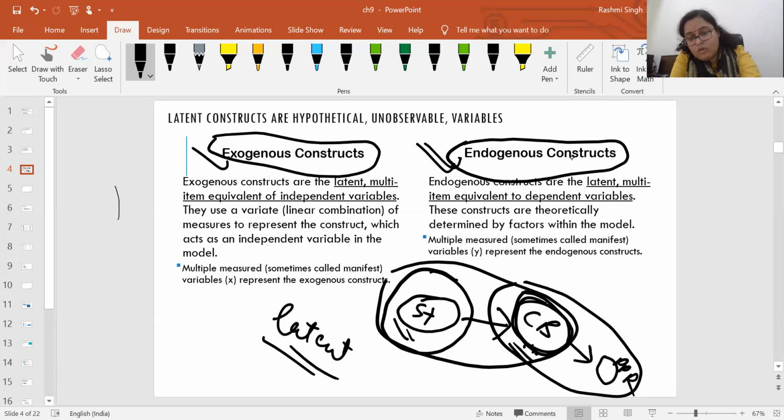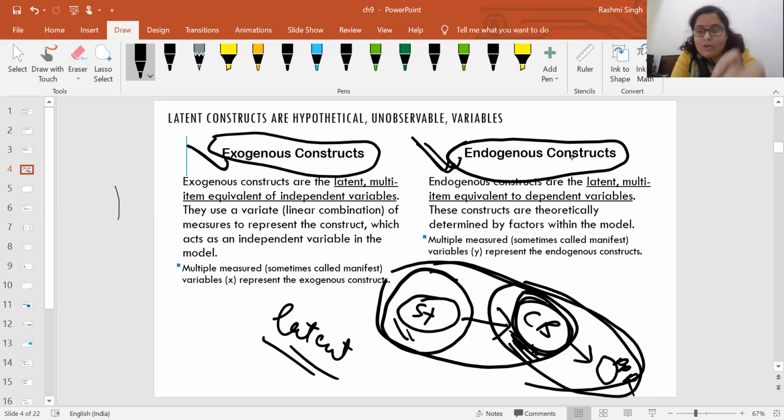But for the overall relationship, this compulsive buying will also be acting as an exogenous construct. So here we are not directly measuring the compulsive buying. There will be a certain set of items that would measure the compulsive buying. So that is the concept of the exogenous construct and the endogenous construct.